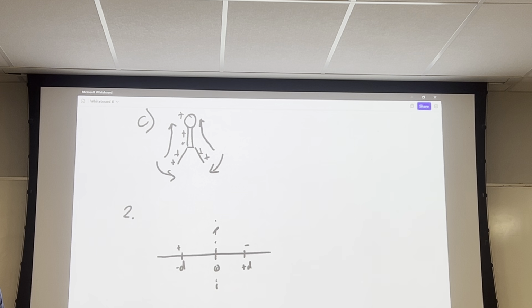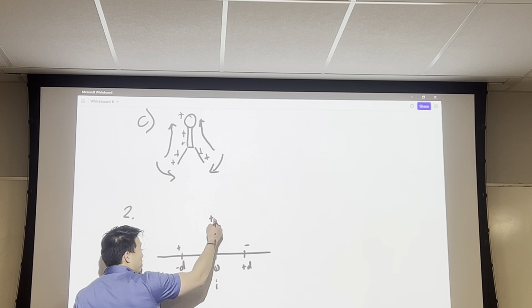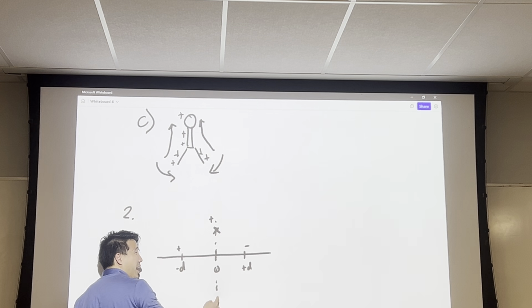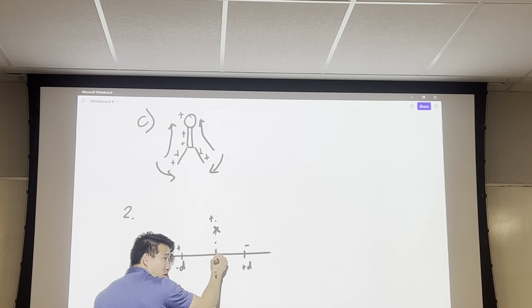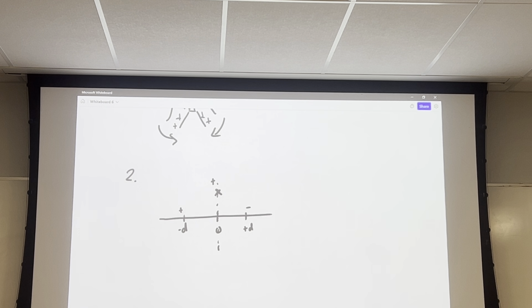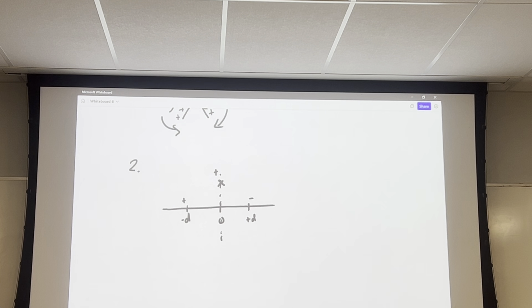So it would have to be some arbitrary position, let's say up here, and it is also going to be positively charged. So the third charge can be anywhere along the y-axis, just not at the origin right here. And so let's just work with this scenario.